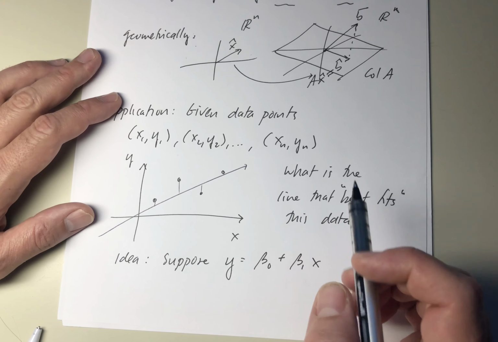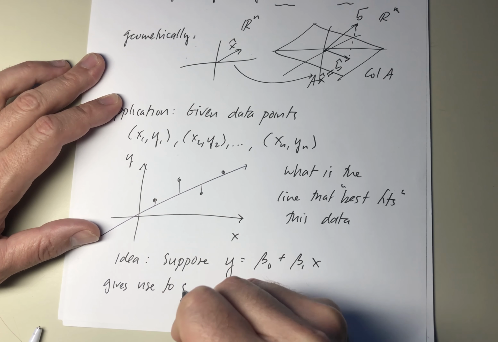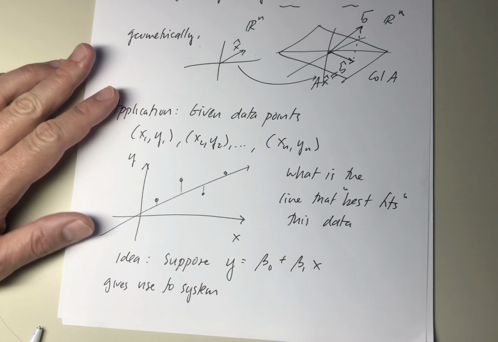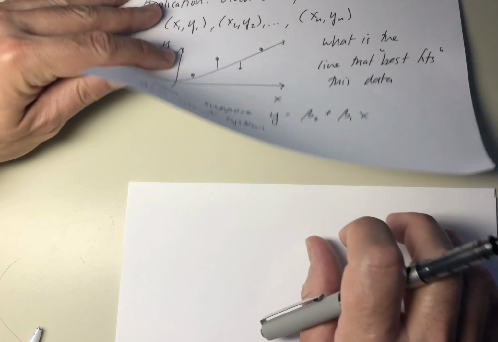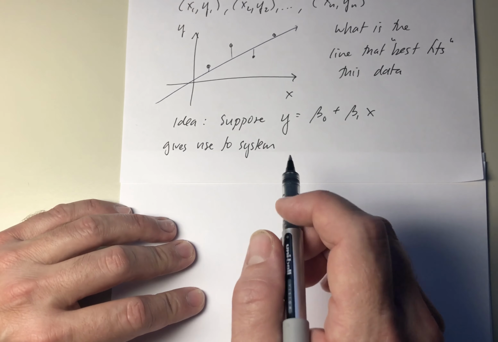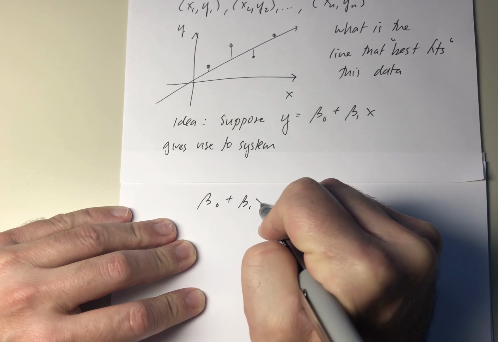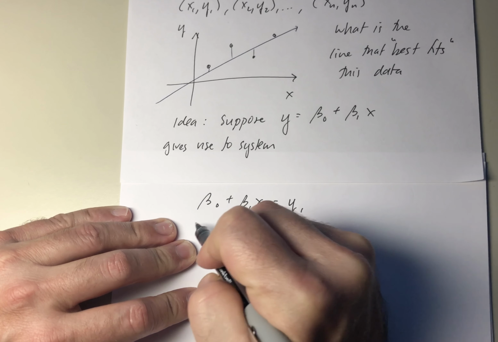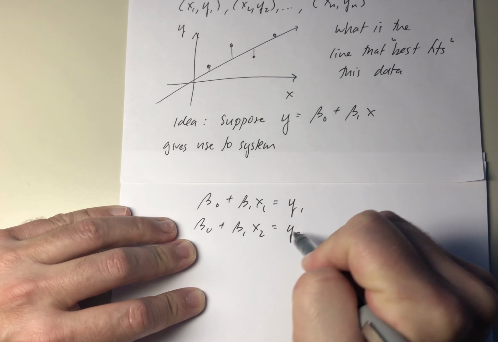This gives rise to a system. If I'm given these data points, x1, y1 through xn, yn, then I get a system: beta naught plus beta 1 x1 equals y1, beta naught plus beta 1 x2 equals y2, and so on.